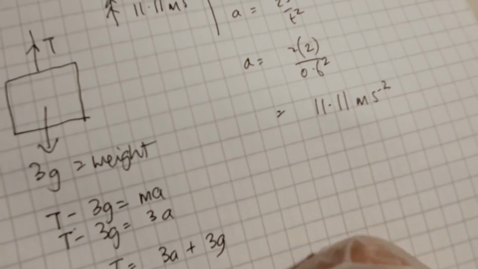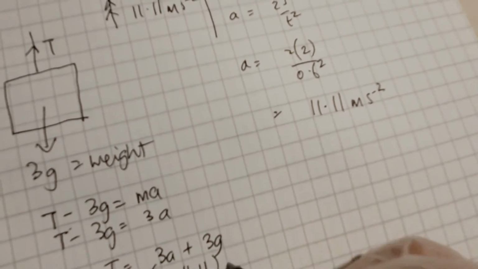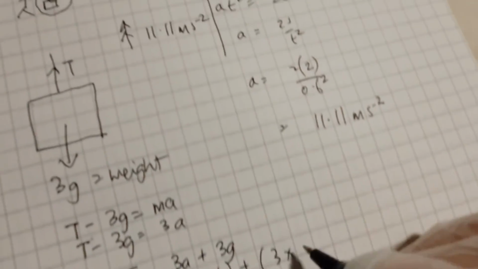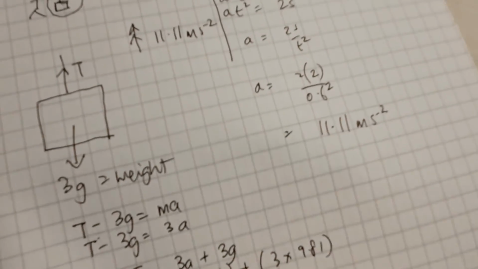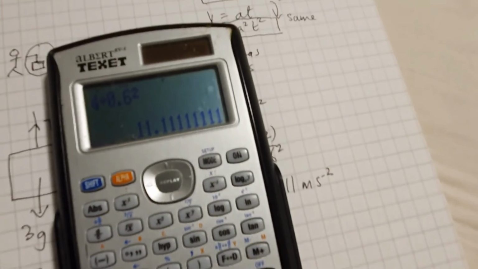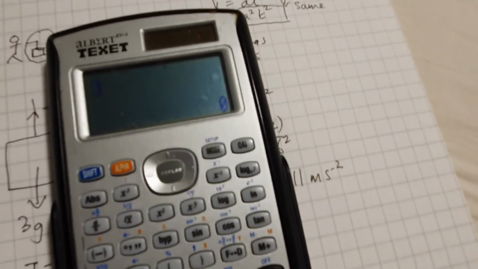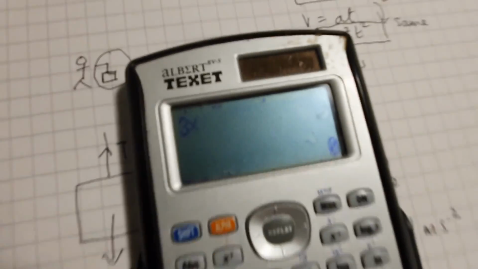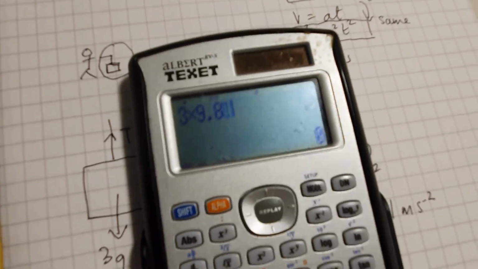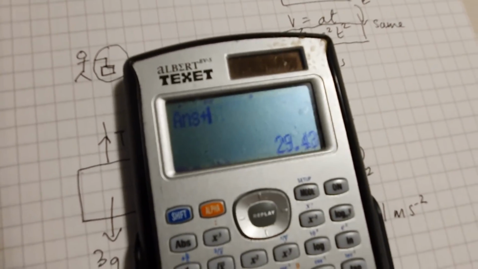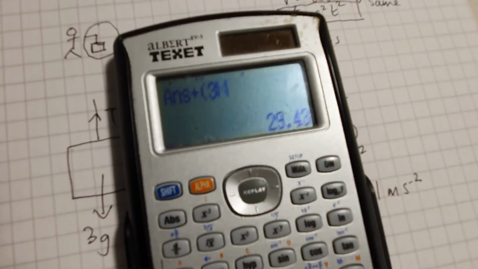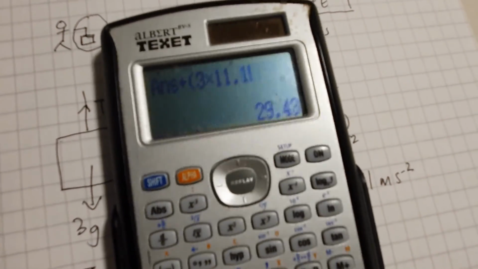So 3 times 11.11, add 3 times 9.81. And what do you get on a calculator? So 3 times 9.81 equals, and I'm adding brackets 3 lots of 11.1111 recurring.